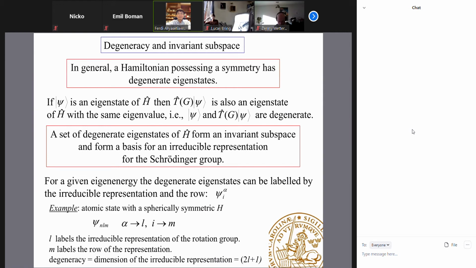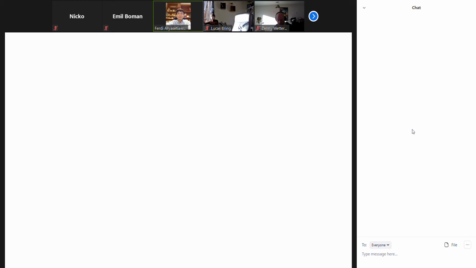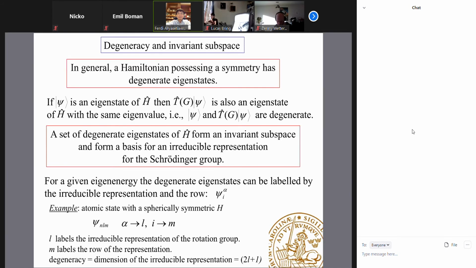So when we do atomic physics, we have states like this. This is an atomic state. We can understand that the irreducible representation alpha actually corresponds to the angular momentum L, and the I here corresponds to the z component of the angular momentum.